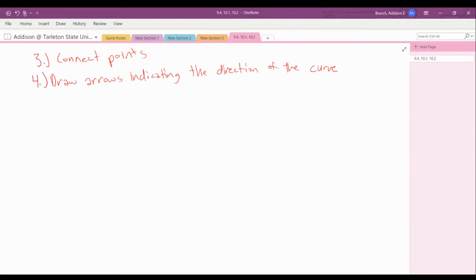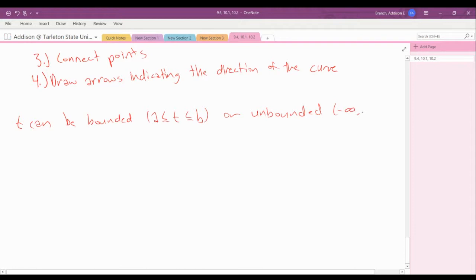So whenever I'm dealing with sketching parametric curves, t can be bounded. So they may give you a list and say that a is less than or equal to t, which is less than or equal to b, or unbounded, where your range is from negative infinity to infinity.